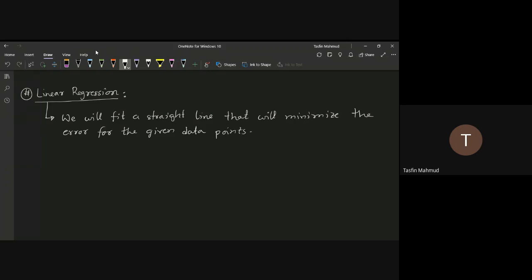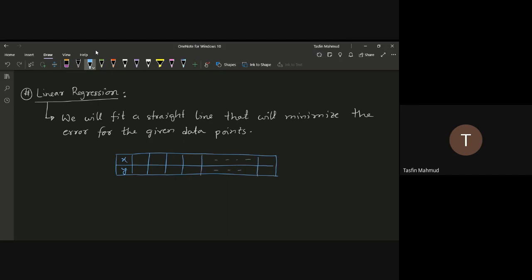So let's assume we have been given this table of x and y. So x is our independent variable and y is the dependent variable. So let's consider we have been given n data points.